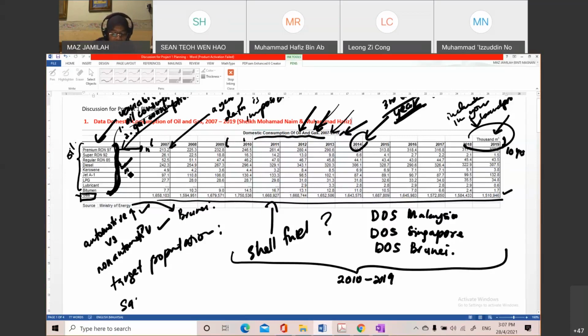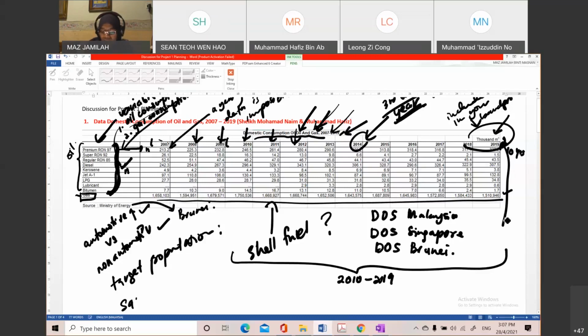So if you are talking about your sample N specific by year, you are looking at this column, one by one. But if you are talking about petroleum RON 97 for, let's say, 2007 until 2019, you will have from here to here. So how many years here?